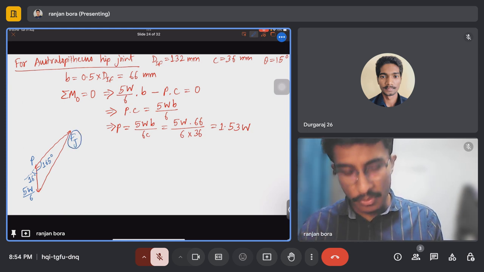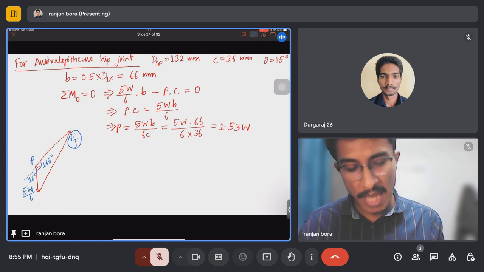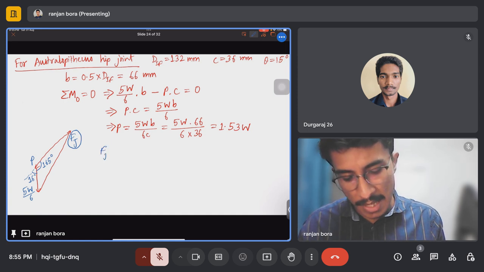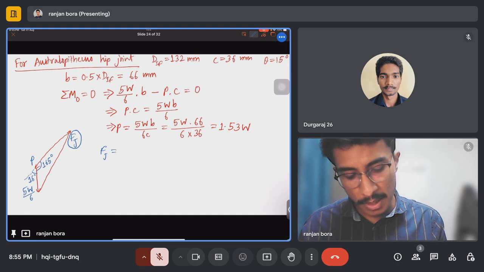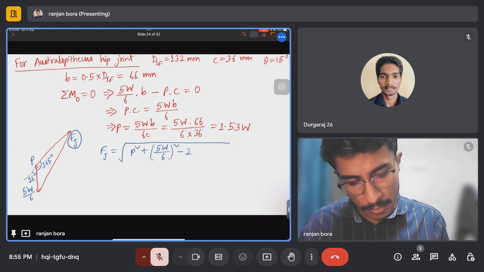From trigonometry, if this is a force triangle, then the resultant force Fj is given by the formula: P square plus (5W by 6) square minus 2P into 5W by 6 cos 165.